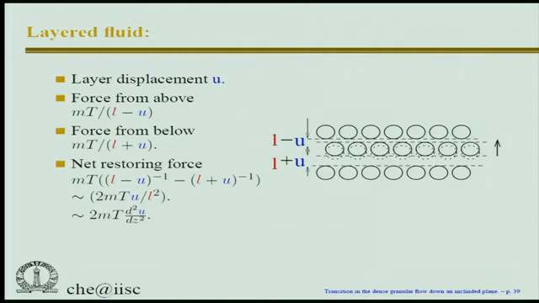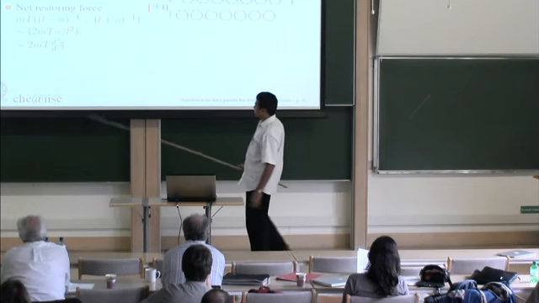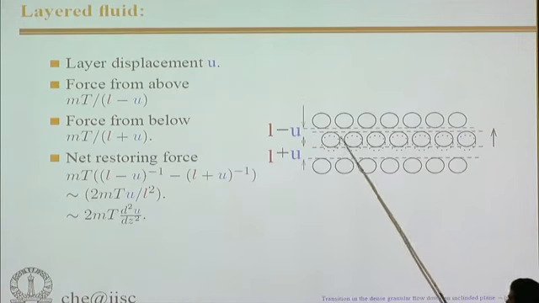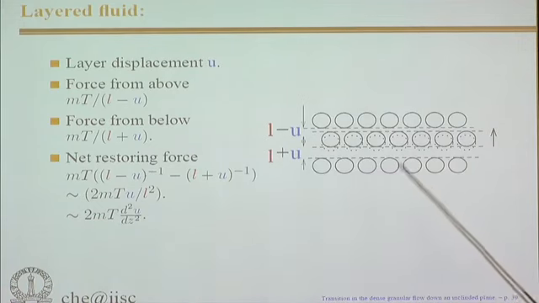And so there are more collisions from above and fewer collisions from below, and that tends to bring it back to its original position. And if you go to a continuum approximation where you describe the distance of the layer from its equilibrium position by this parameter u, the restoring force actually goes as a second derivative of u with respect to height.